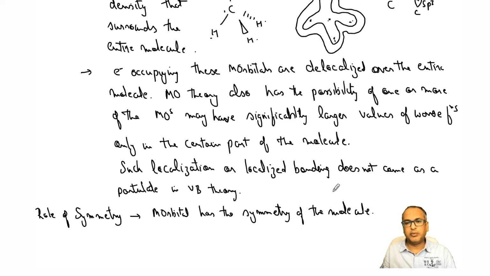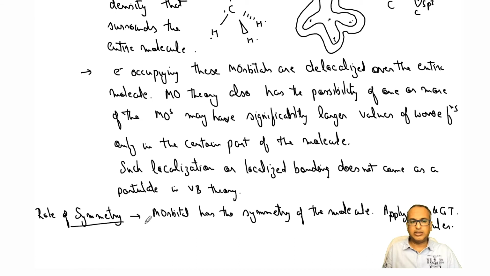Why does it have the symmetry of the molecule? Because it is spread around the entire molecule, right? So once we say that the molecular orbital has the same symmetry as the molecule, we can immediately think of applying symmetry and group theory rules, right? So now we can say that symmetry plays a role in the formation of molecular orbitals, right?